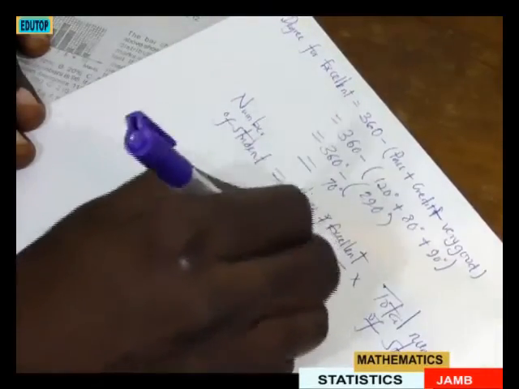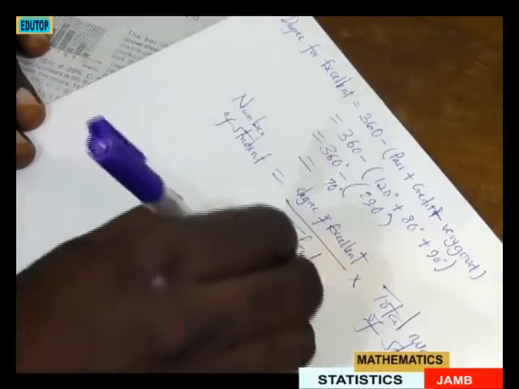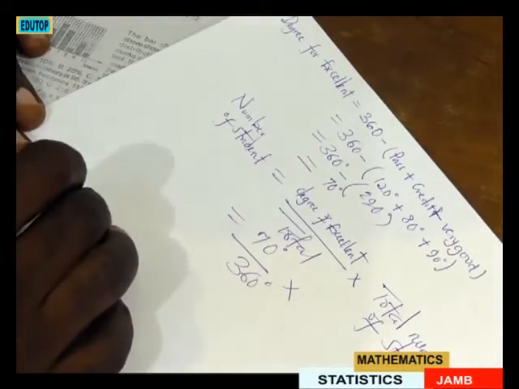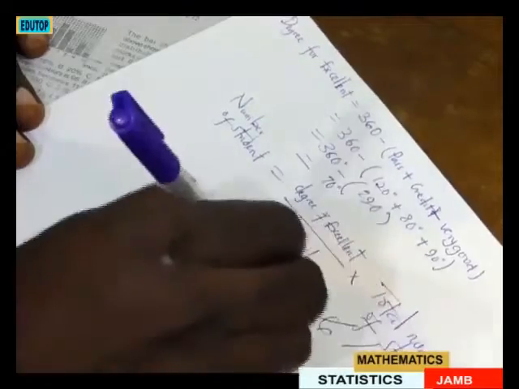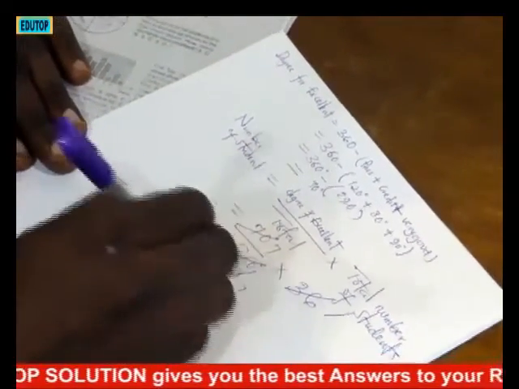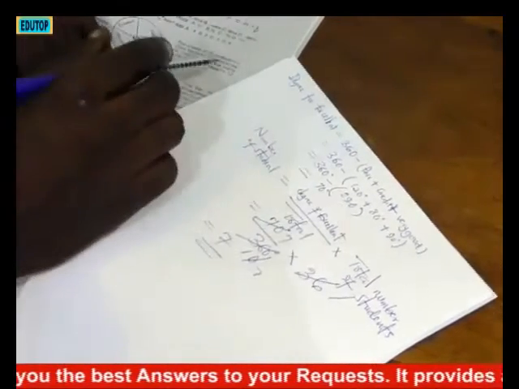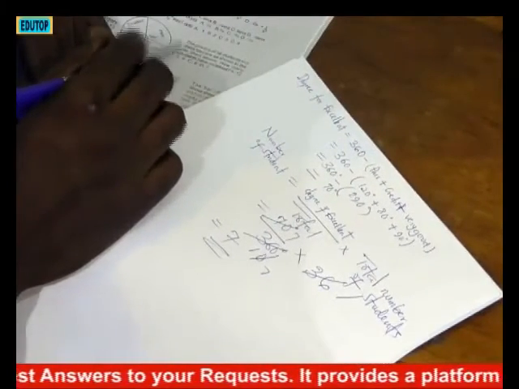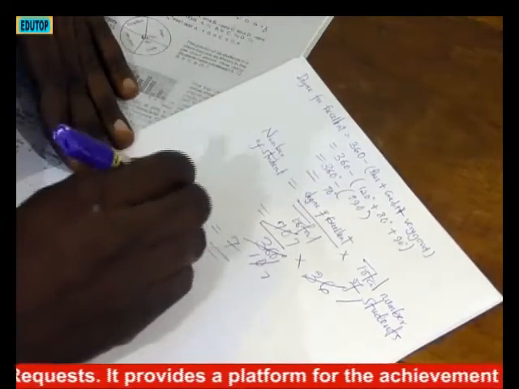That's the one we just calculated, 70 degrees over the total degree, that's 360, times the total number of students, we have 36 students. 36 here, 1, 36 in 360, 10. 10 here, 1, 10 in 70, 7. So definitely that will be 7. That means the number of students with excellence will be 7. Option A 12, option B 9, option C 8, then option D 7. So the answer will be option D as 7 for that very question.